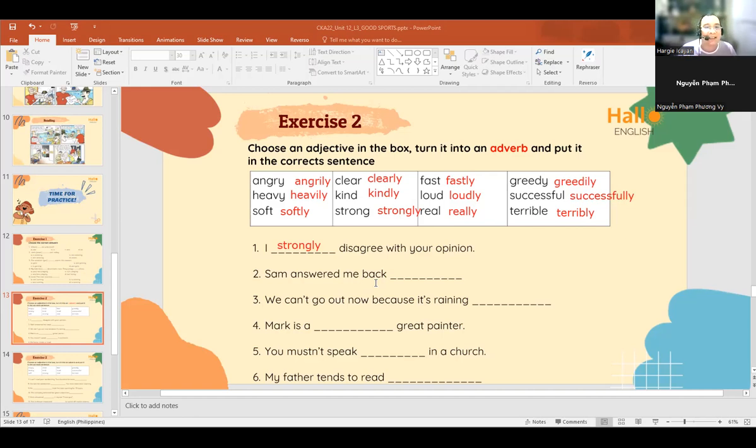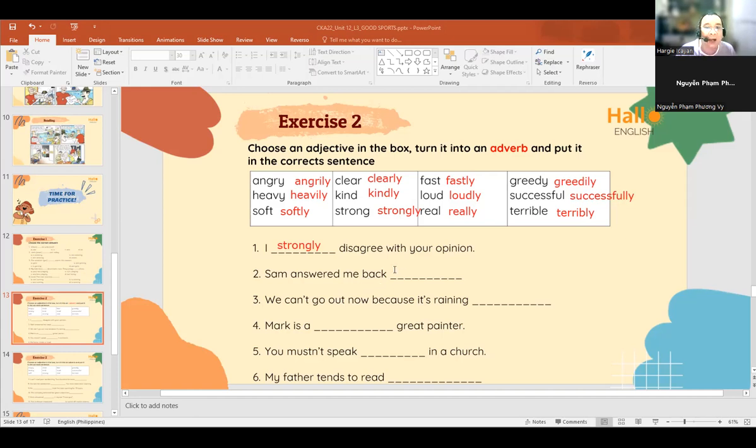So we can say Sam answered me back angrily. Sam answered me back clearly. Sam answered me back kindly. Sam answered me back loudly. Or Sam answered me back fastly.